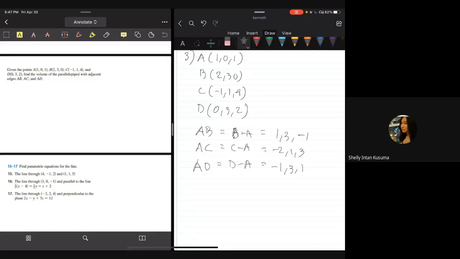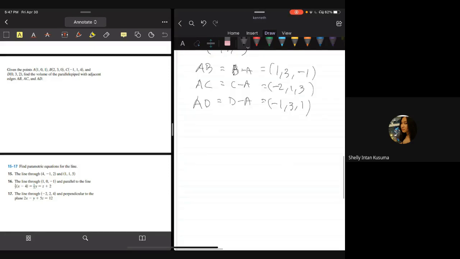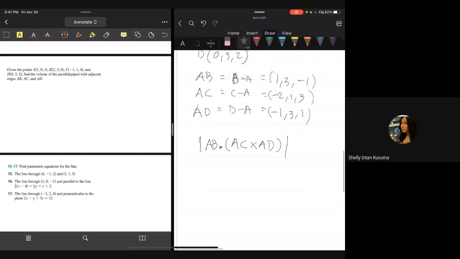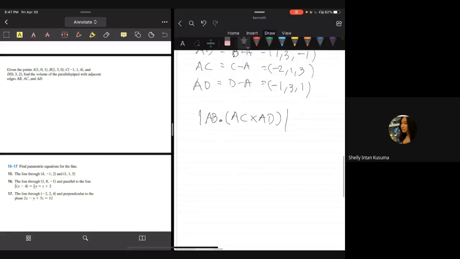Okay, these are our vectors. So we know that for the parallelepiped volume, the formula is the absolute value of AB dot AC cross AD, right? So first of all, we can just cross the AC and AD.